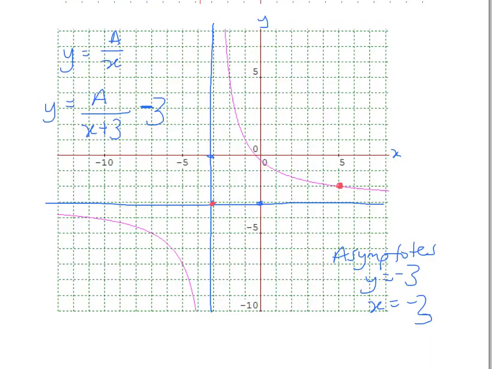It's moved 1, 2, 3, 4, 5, 6, 7, 8 across, and 1. 8 times 1 is 8. So a is 8. So our new graph will be y equals 8 over x plus 3, take away 3. And that's our hyperbolas. Thank you.